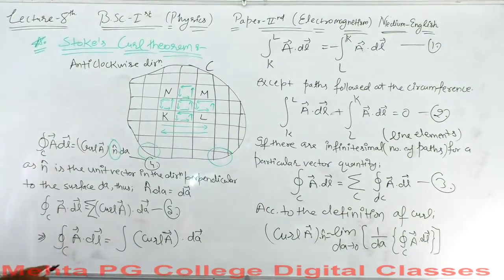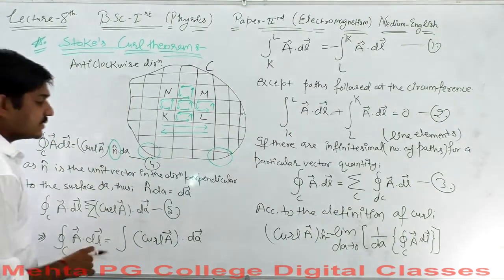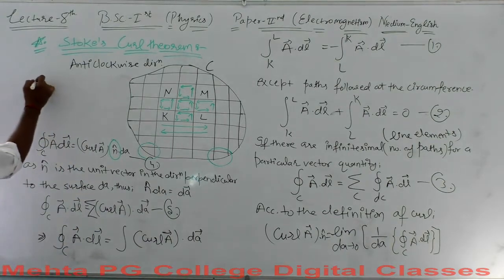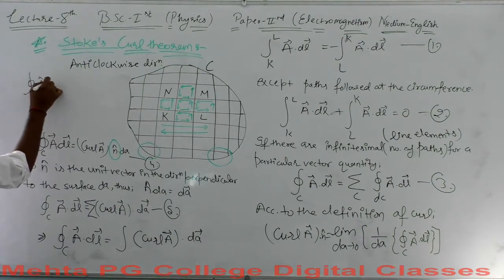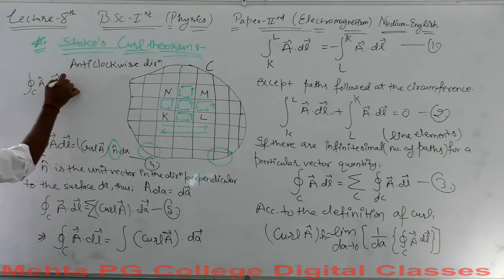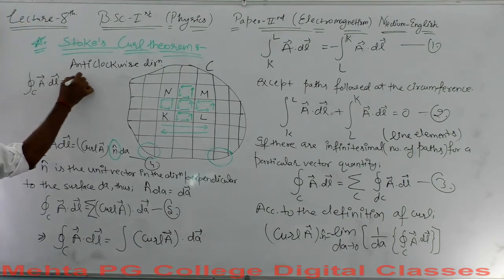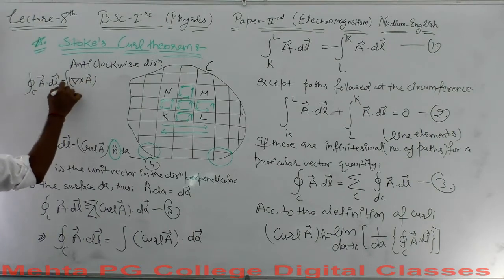More precisely you can write it as, let me write it here: the line integral of any vector quantity over a closed loop is equal to the closed surface integration of the curl of that same particular quantity.